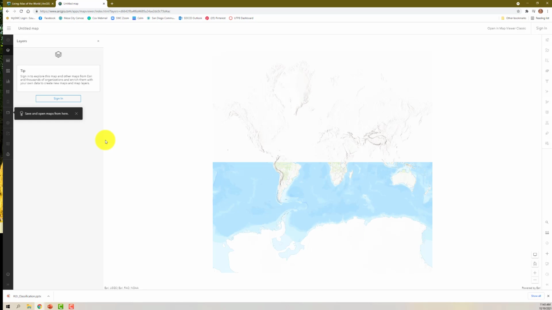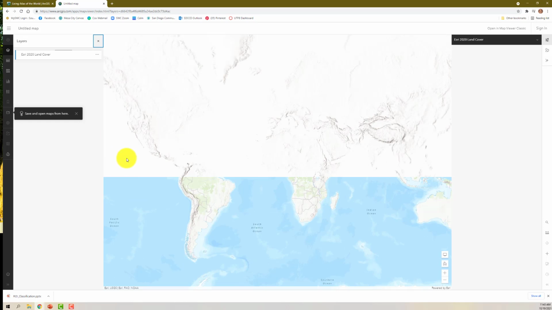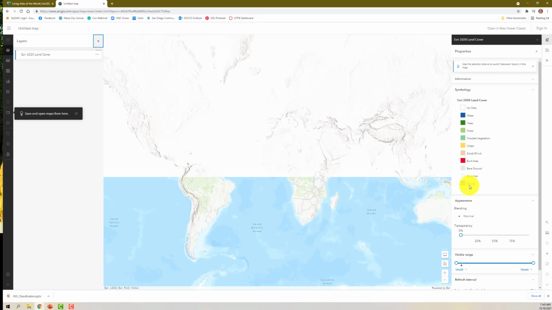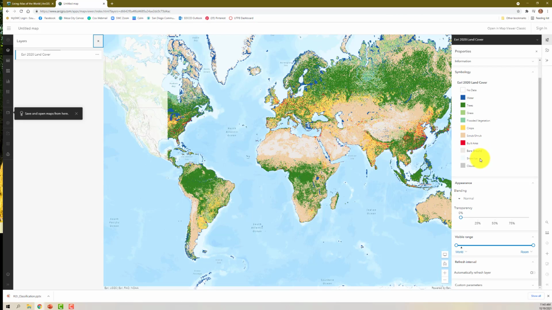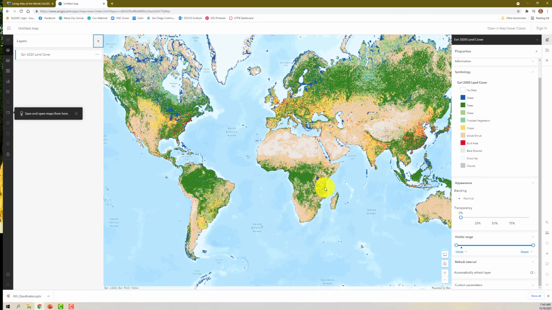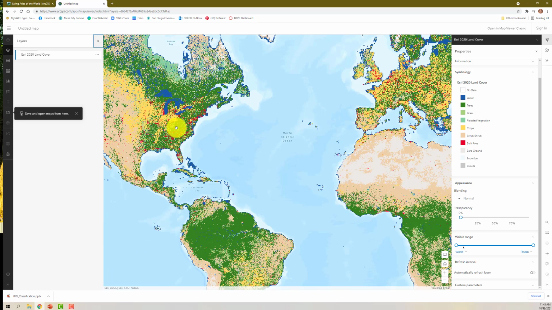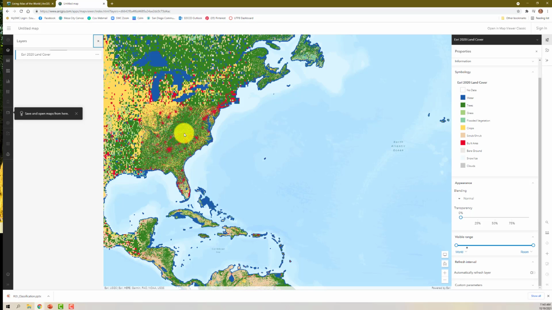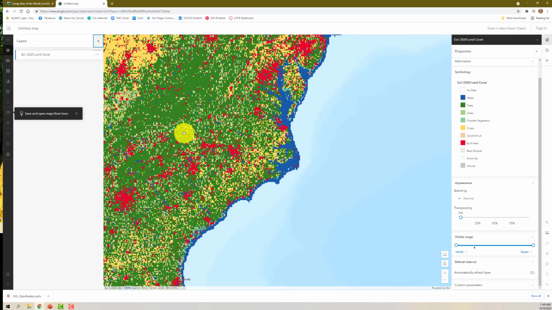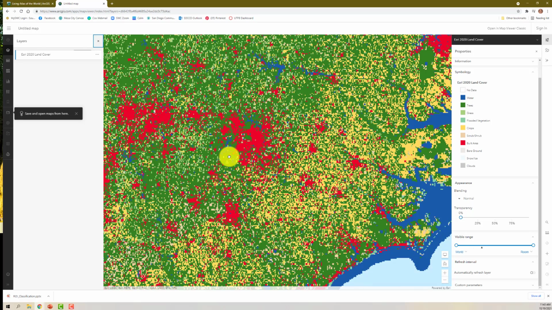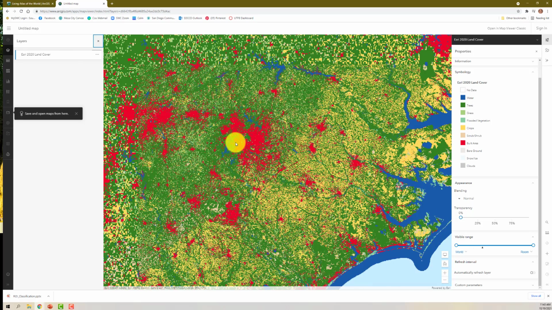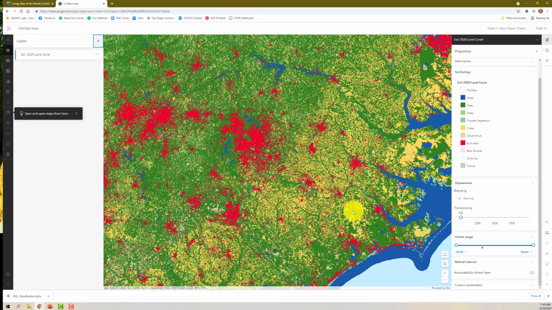I should say we created the training classes that the computer then used in an algorithm in order to break up the world into different types of land cover. And this is a global coverage, and I'm going to zoom in here a little bit, and you can see that as you zoom in, it actually can get to some pretty good detail of what is being represented on the ground.